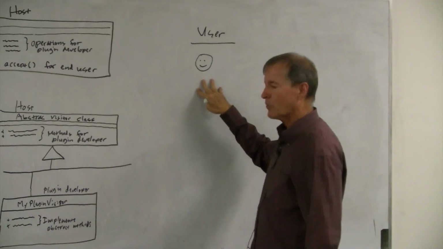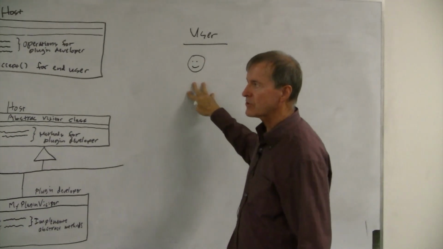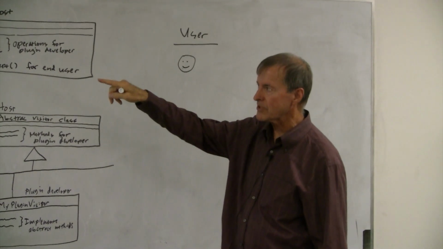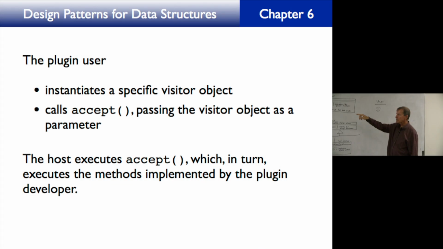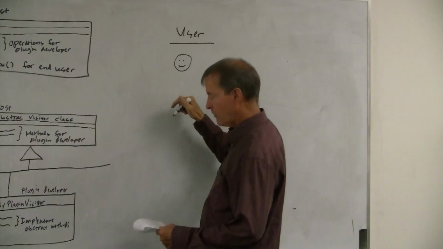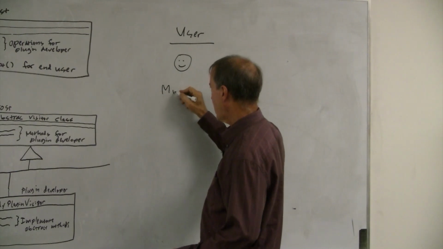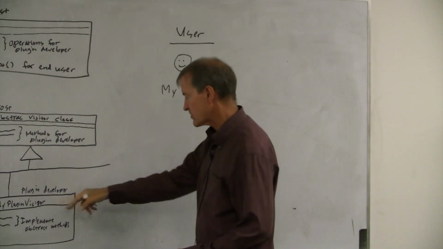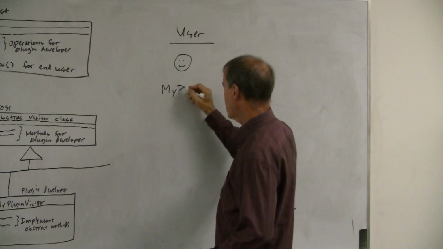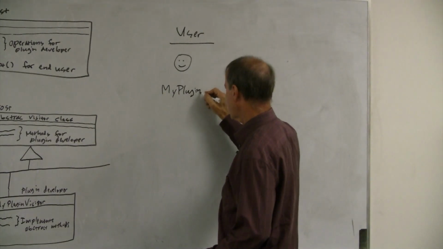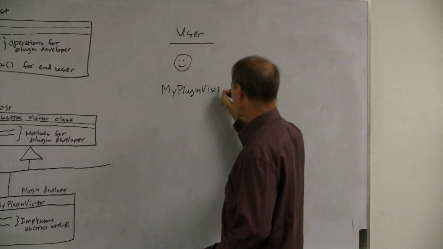So now the question then is, how does the plugin user do his thing? What the plugin user does is he instantiates a specific visitor object. So here in the user's code, he would do something like this. This is my plugin visitor.